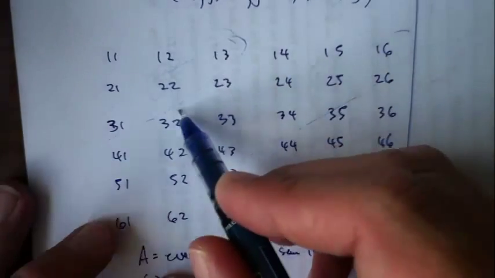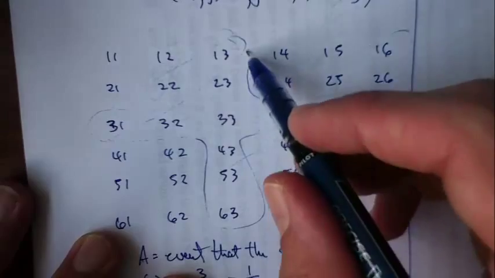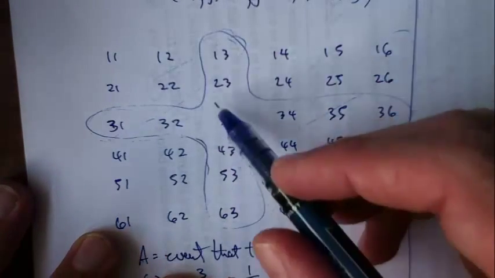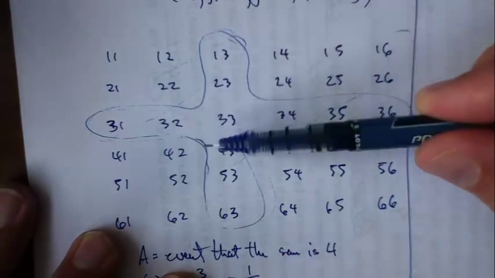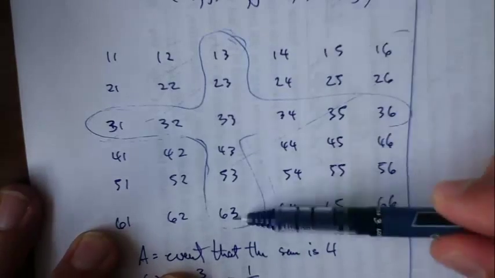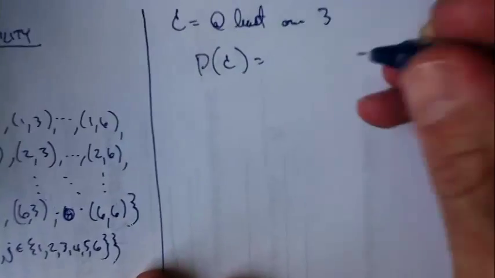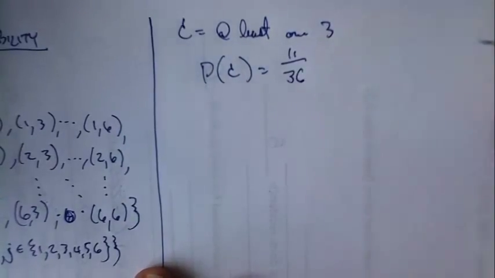That's going to happen here, right? See that? There are 1, 2, 3, 4, 5, 6, 7, 8, 9, 10, 11. 11 ways to do that. Don't screw this up. Don't count 6 plus 6 is 12, double counting the middle one there. Don't do that. Okay? It's 11 ways out of 36.